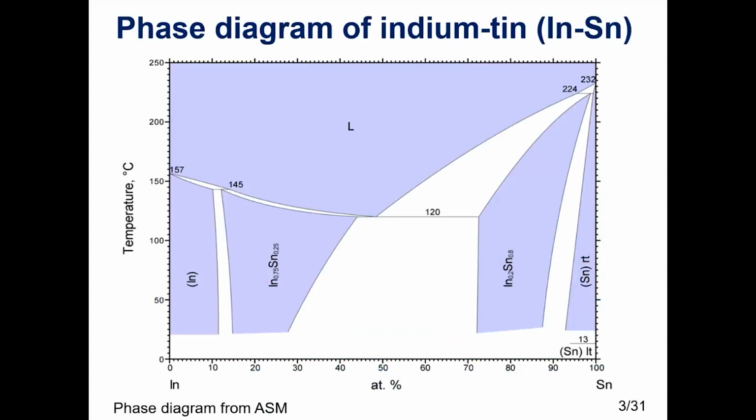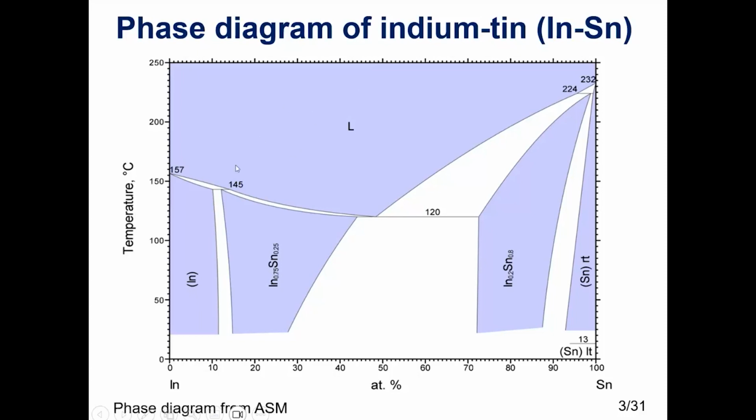Okay, now let's remind ourselves how to read a phase diagram. I'd like to get my phase diagrams from the American Society of Metals, ASM. And this is their phase diagram of indium-tin.